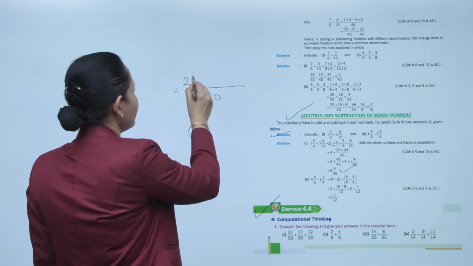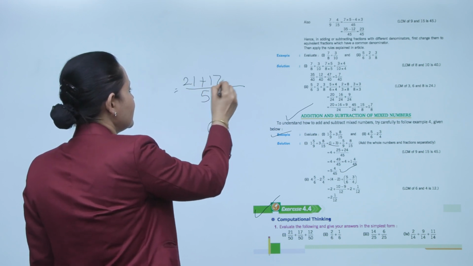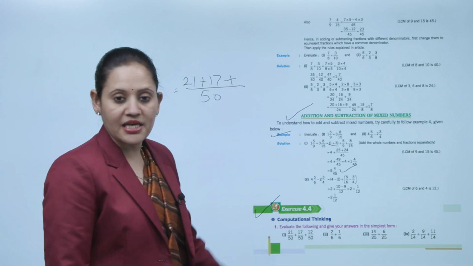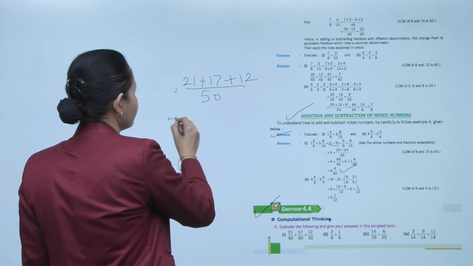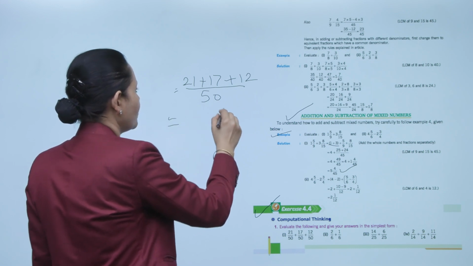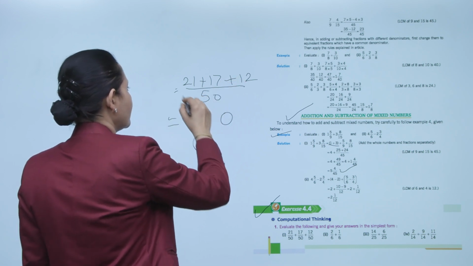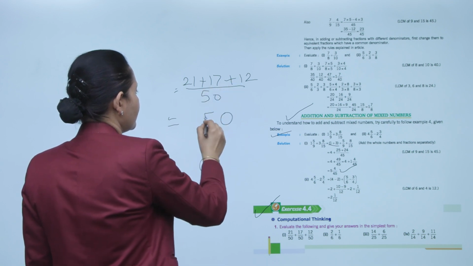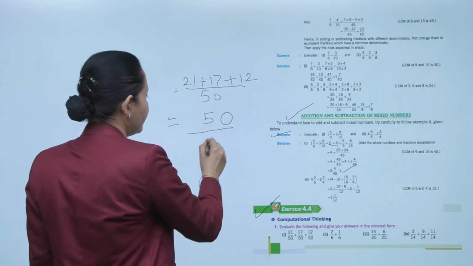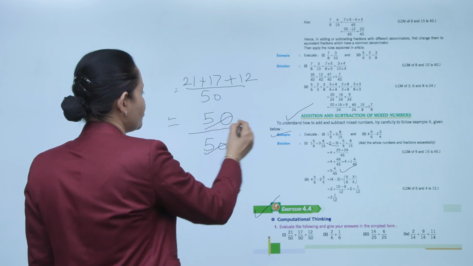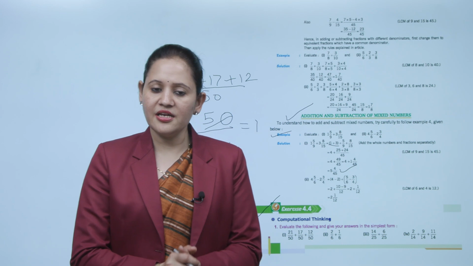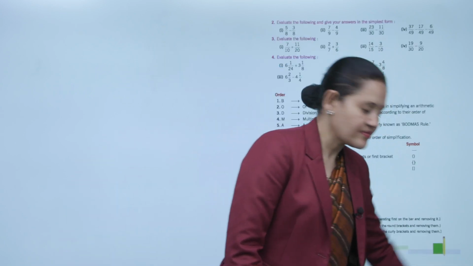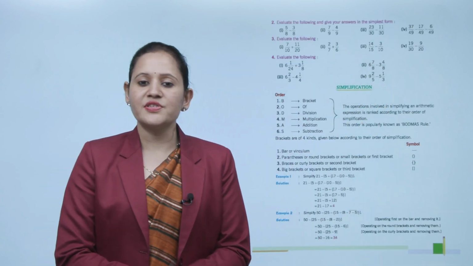That is 21 plus 17 plus 12, which gives 50 upon 50, that is equal to 1. That will be our answer, like this. Clear? So practice all the questions of this exercise.